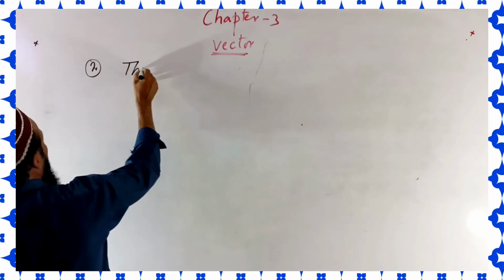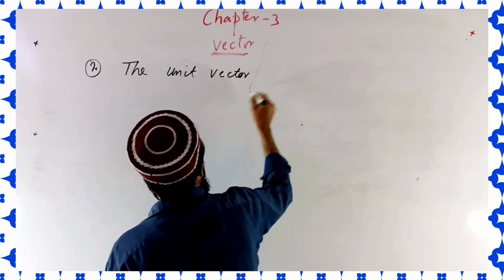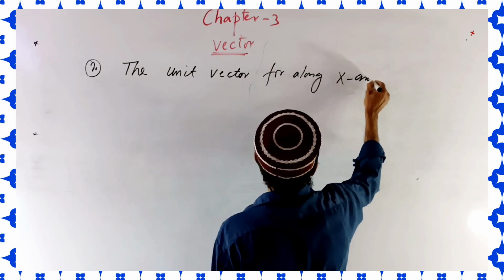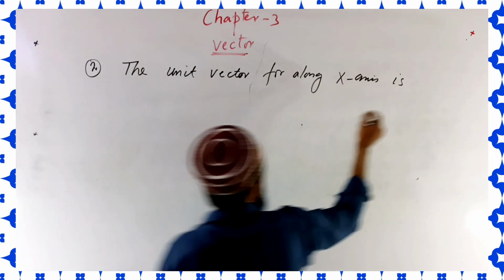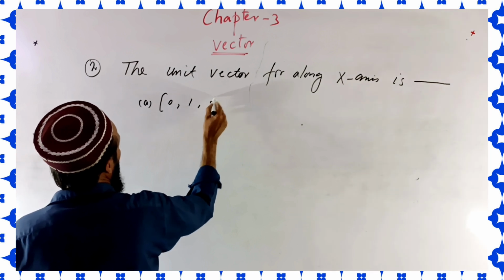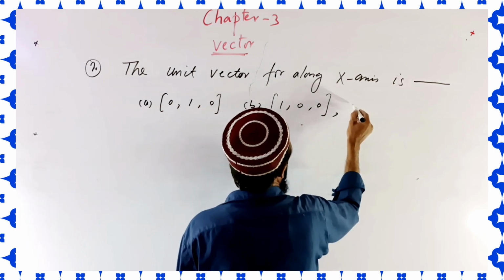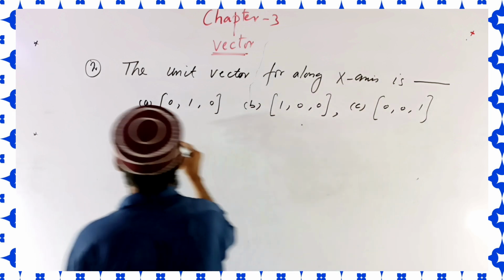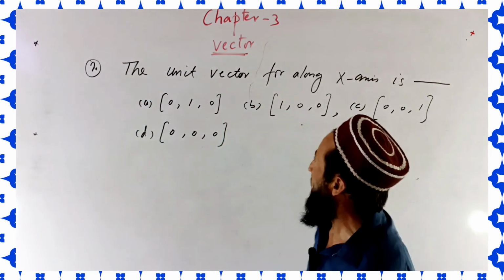The unit vector along x-axis is... So, the definition of unit vector.